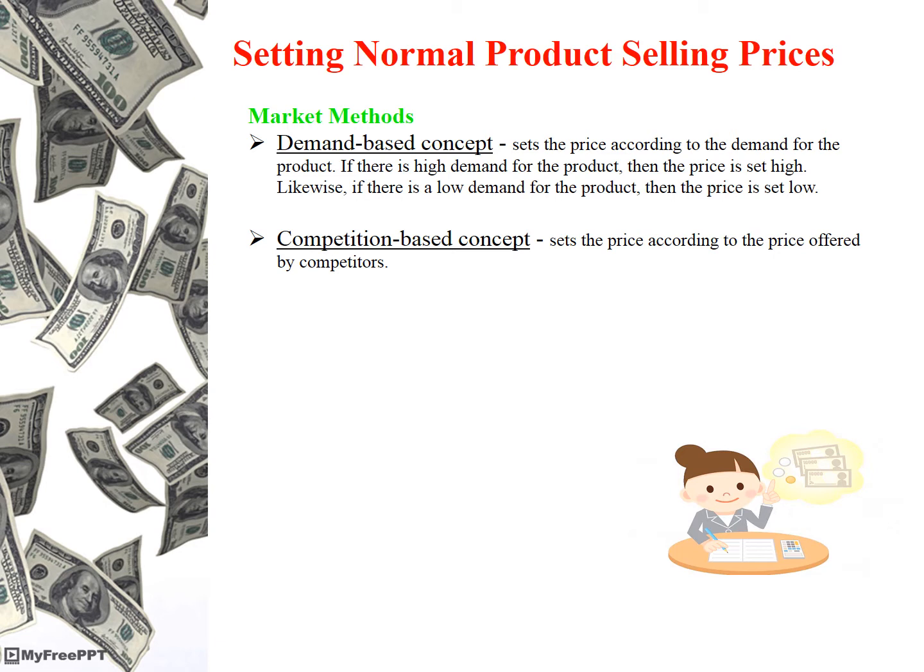In addition, managers can also use one of three cost-plus methods to determine the selling price, which is the product cost concept, total cost concept, or the variable cost concept.